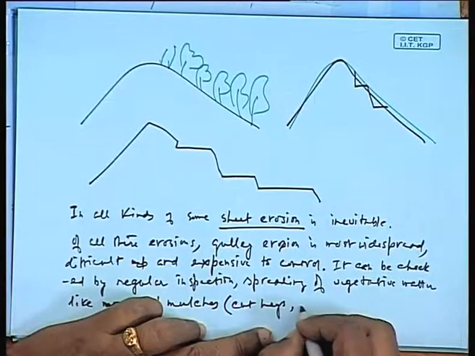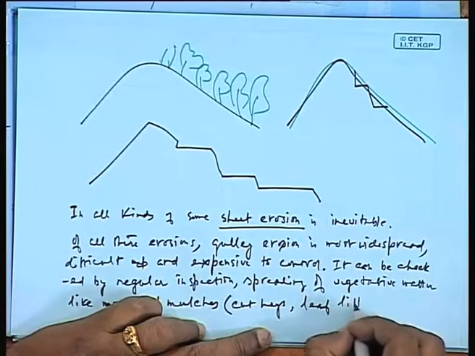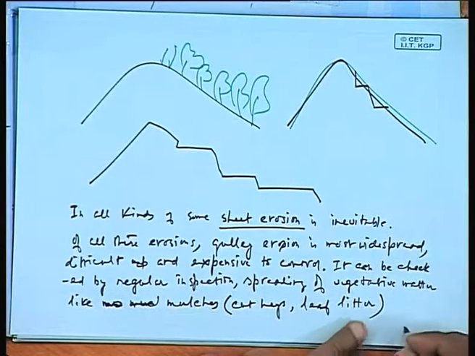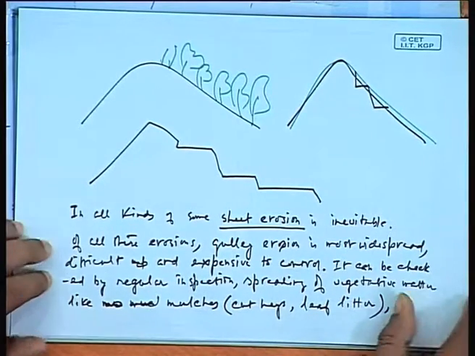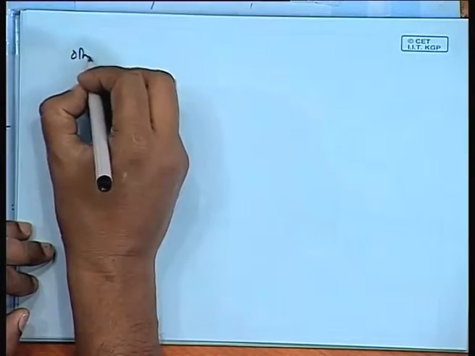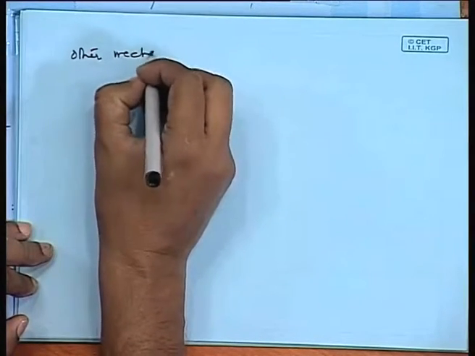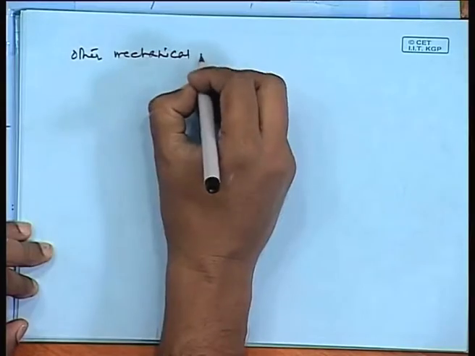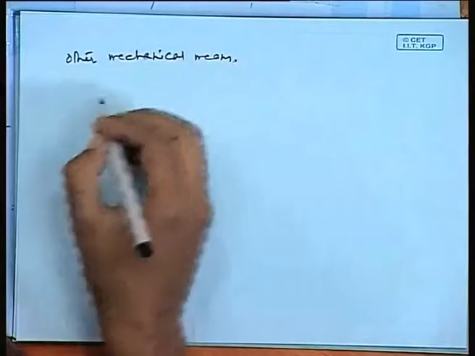So this is one way of reducing it: spreading cut hays, leaf litter, and vegetative matter, along with inspection and other mechanical means. So this can only be restricted like this.